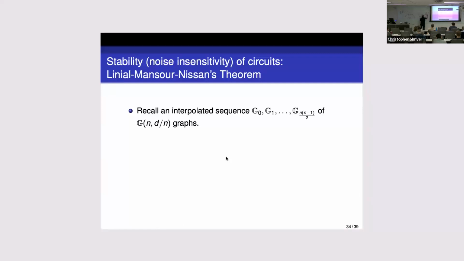So x^{-i} is obtained from x by just resampling that coordinate only. And then you look at C(x) and see how much of a difference that results. The Linial-Mansour-Nisan theorem tells you that the expectation of this difference in absolute value is small. So it's a guarantee on the expected change of the output of the circuit.